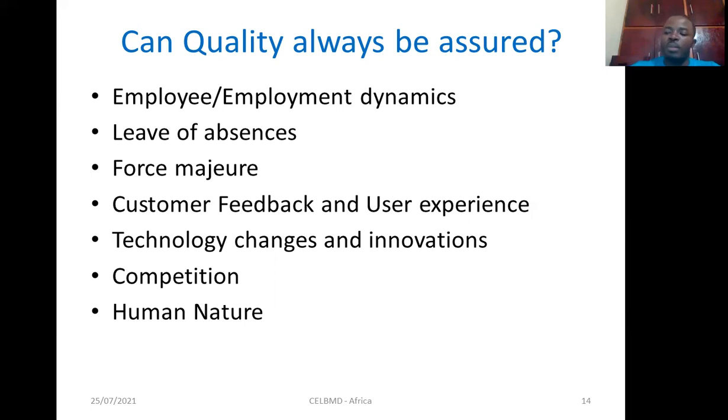How do companies ensure that this doesn't happen? How does a company ensure that if you service a client today by way of consulting, you service the same client next year, even if it's a different person, they may have the same user experience? How do you ensure that if you sell a product to a client today and sell it to another client in another location tomorrow, they will have a similar user experience?